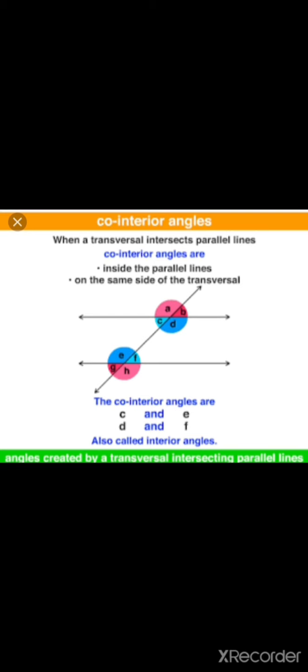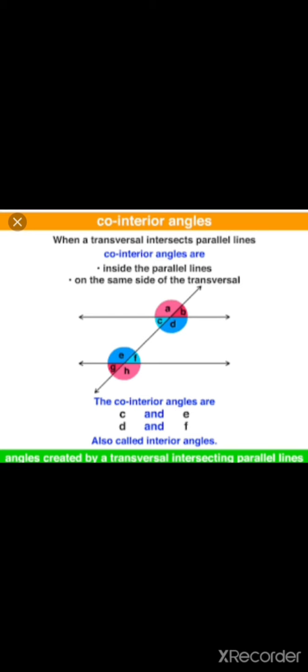Co-interior angles form inside the parallel lines, as interior angles, and on the same side of the transversal. That is, interior angles on the same side of the transversal, also called consecutive interior angles or co-interior angles.